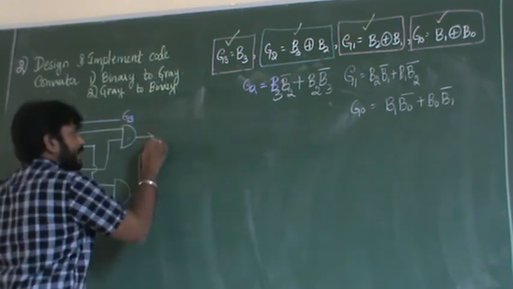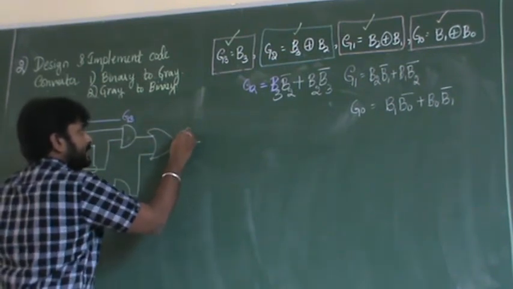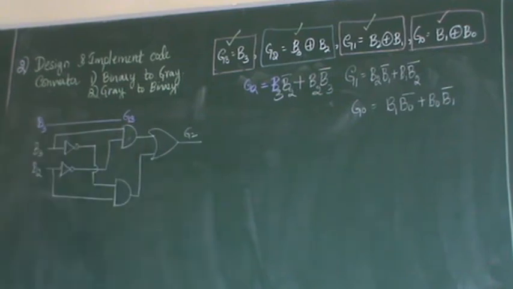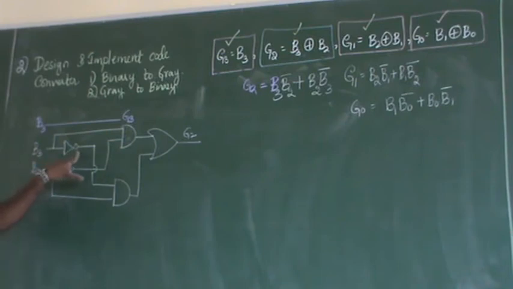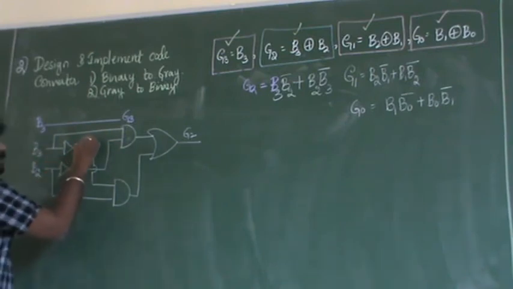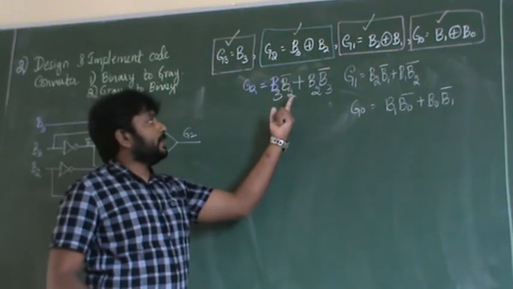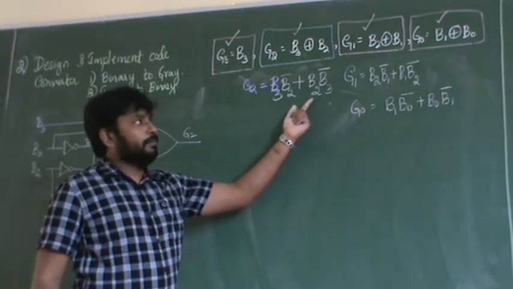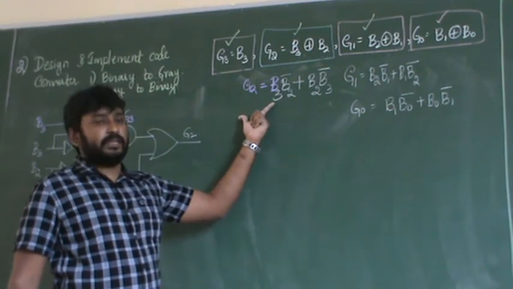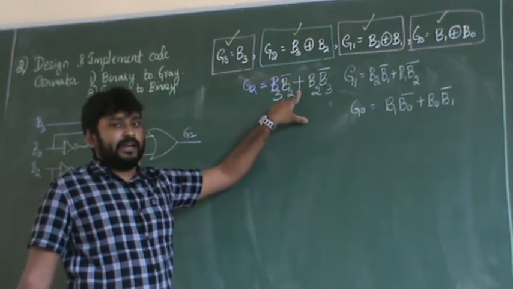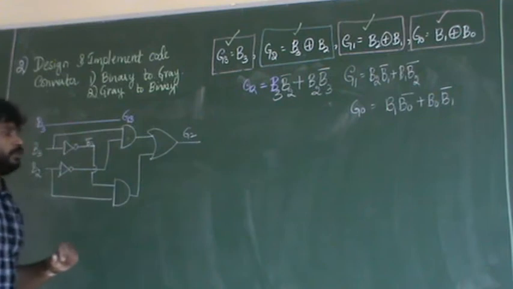Both you have to add. That is G2. Understood? So B3, you are getting B3 and taking the inversion. So therefore you will be getting B3 bar here. This B3 bar you have to multiply with B2, because here B3 bar is multiplied with B2 and B2 bar is multiplied with B3. Finally these two terms should be added.